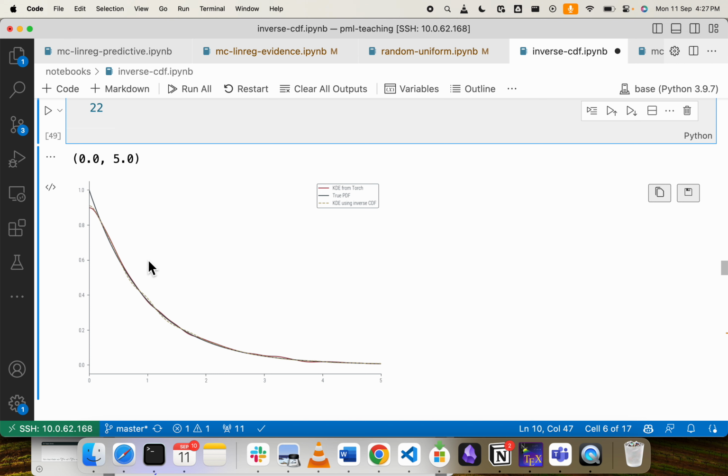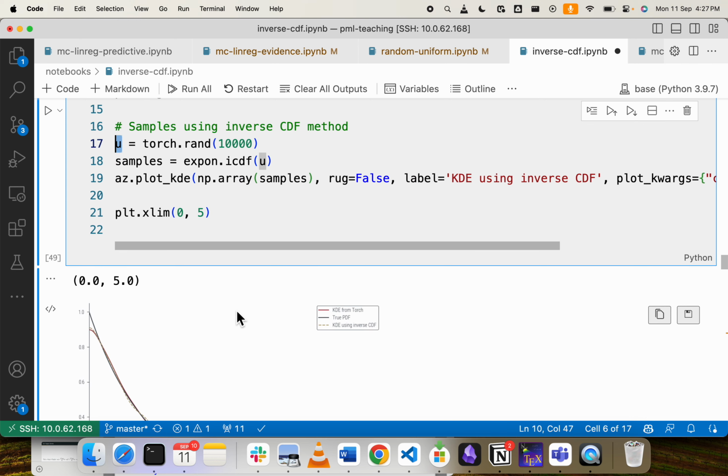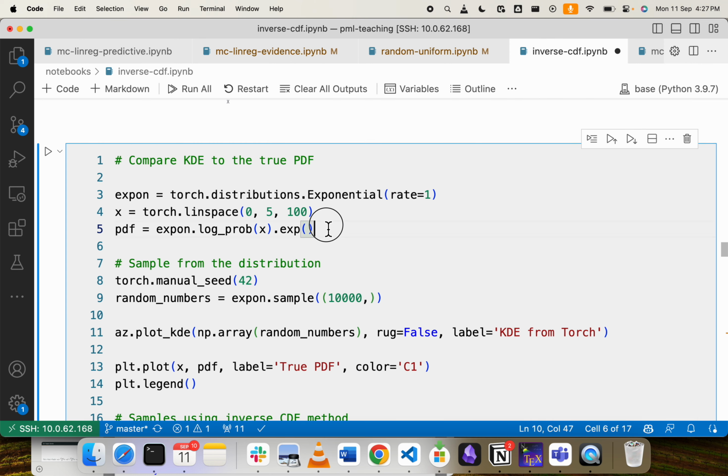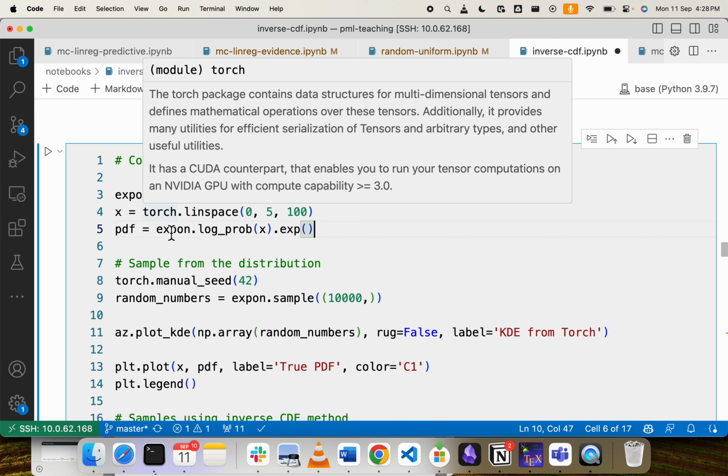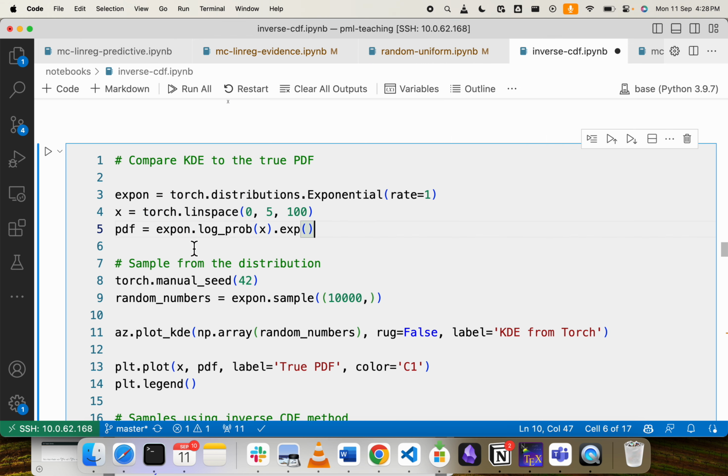And we can see that all of them are coinciding, which shows that we've been able to correctly get the samples from the exponential distribution. In this case, again, we had access to sampling from this distribution, but we are assuming that we didn't have it, or who knows, internally PyTorch could be using something like the inverse CDF method to compute the samples from the exponential distribution.